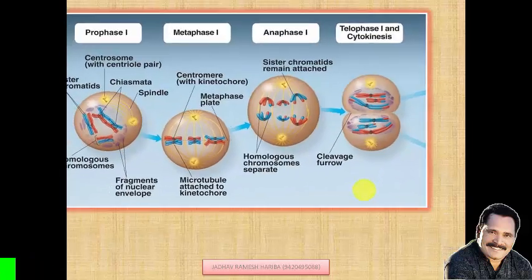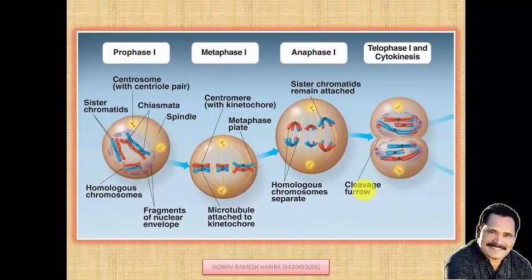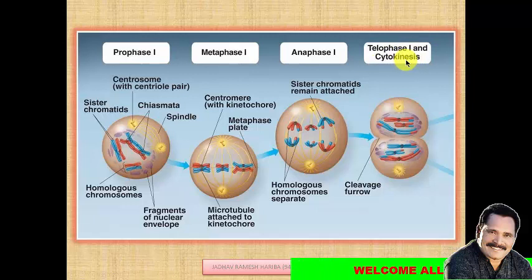Next, let us see how the process of meiosis first actually takes place. Meiosis first is divided into 4 main phases: prophase first, metaphase first, anaphase first, and telophase first, and after the telophase there is a cytokinesis.